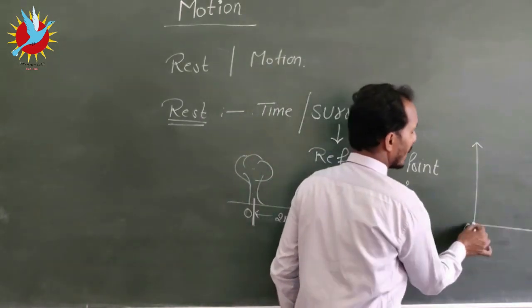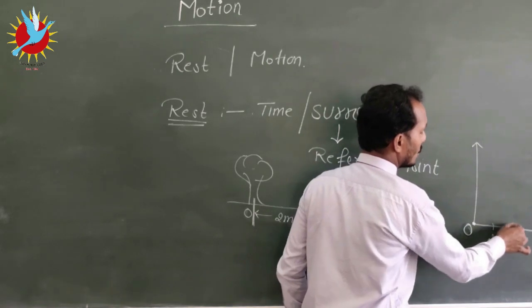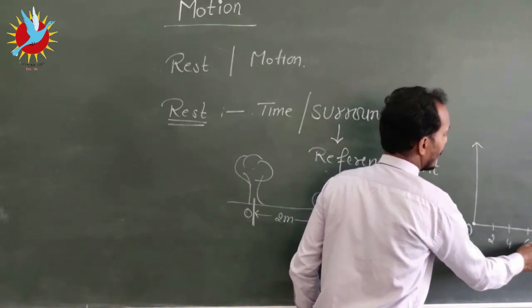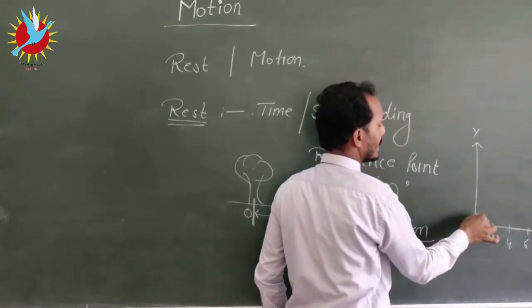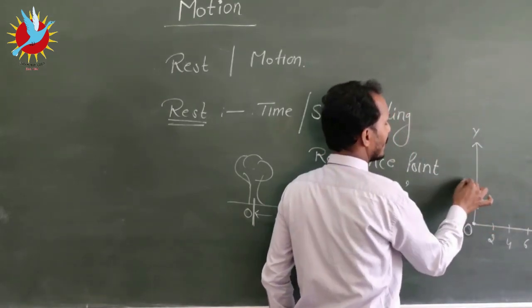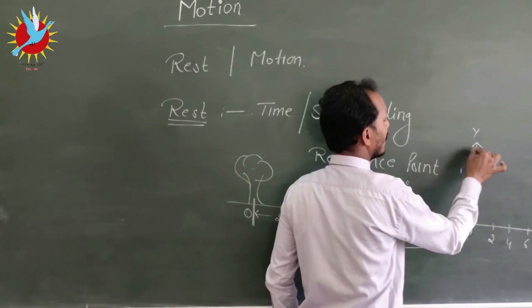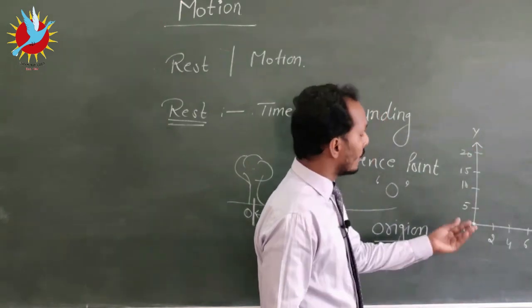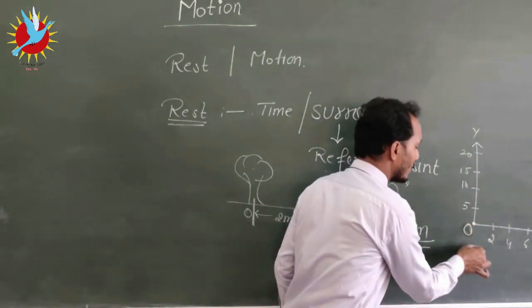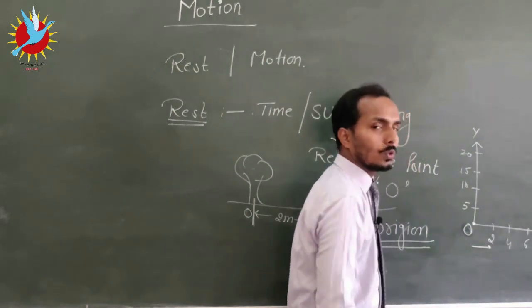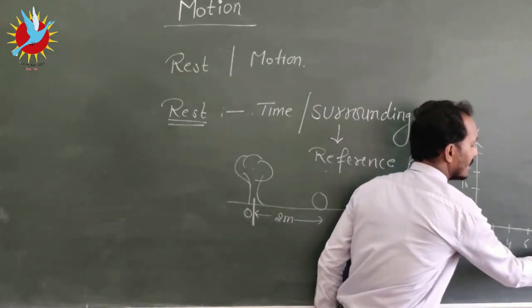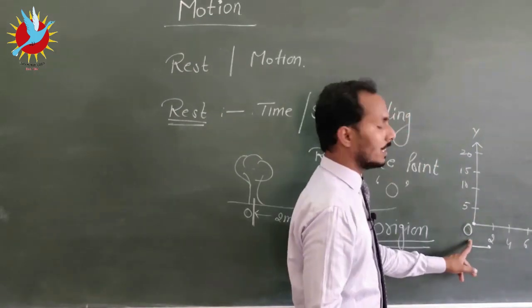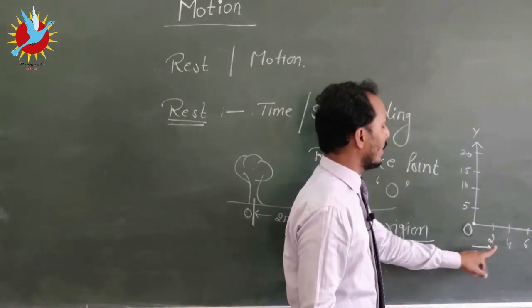Here the positions are 2, 4, 6, 8, this is the x-axis, this is the y-axis, with values 5, 10, 15, 20. What is the meaning of 2? 2 means from the origin its value is 2 meter. If I say this is the distance, then its value is 2 meter from the origin.